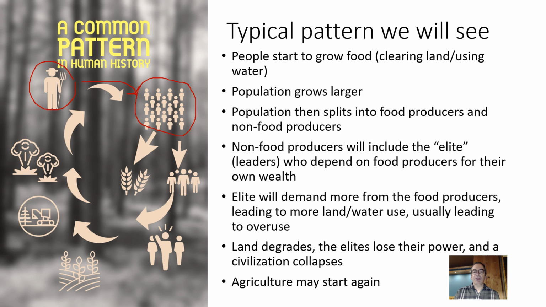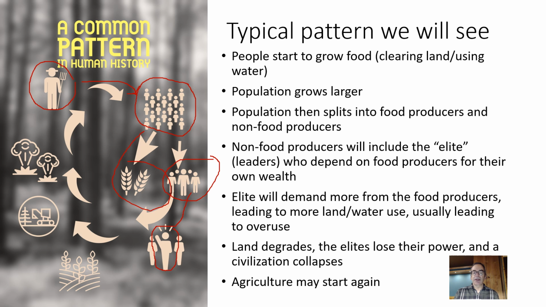Now, when you've got a large population, some will still be producing food and some won't. So you've got food producers and those who are not growing food; they're doing something else. They're builders, or they're pottery makers, and so on. Usually what happens in this case is that a leader shows up in this group of people.